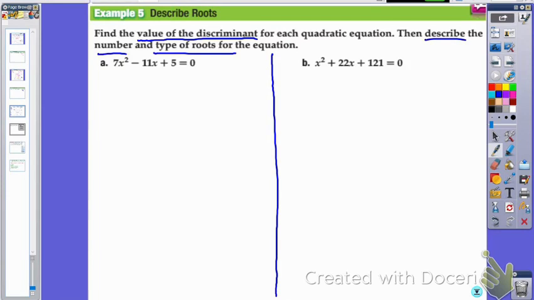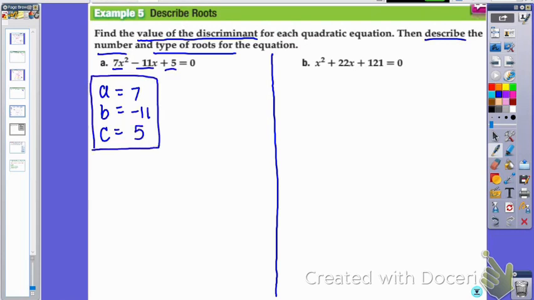So it's in standard form. Let's list the ABCs. A is 7, B is negative 11, C is 5. And we have to do only the b squared minus 4ac part.